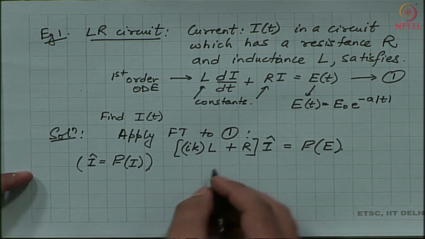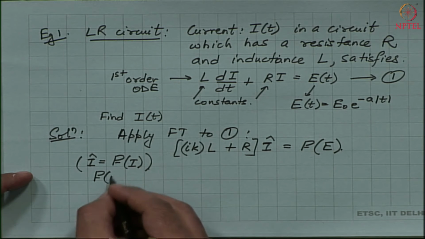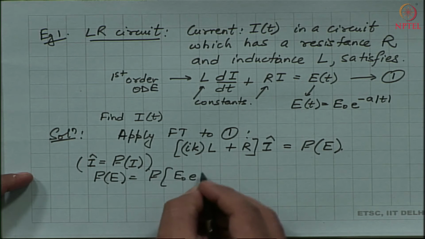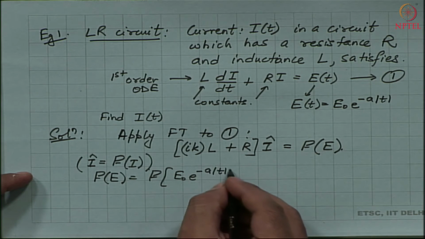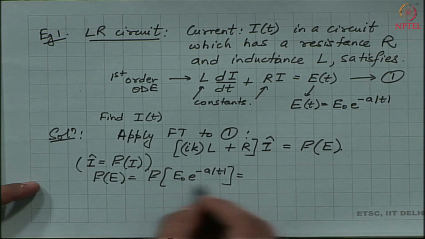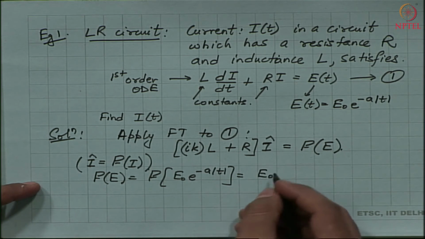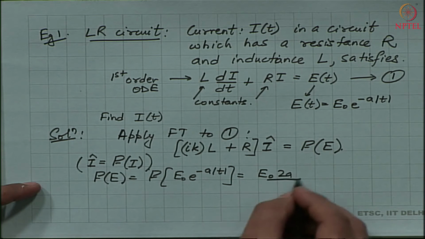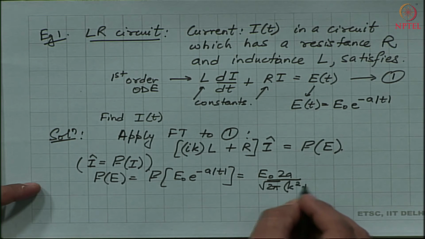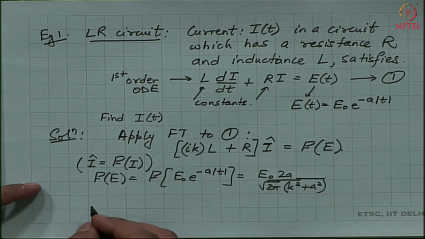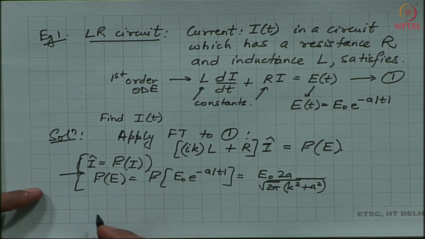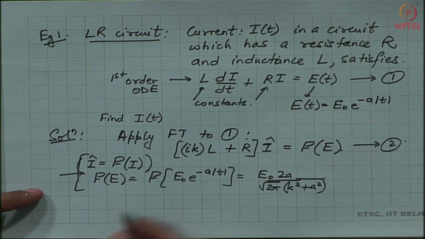So notice that the Fourier transform of E is of course the Fourier transform of this function E naught e to the power negative a mod t, and we have already discussed the solution to this function, which is given by E naught 2a divided by square root 2 pi times k square plus a square. So using these known results, I am going to come to the solution to 2.